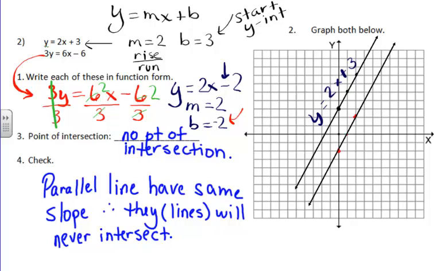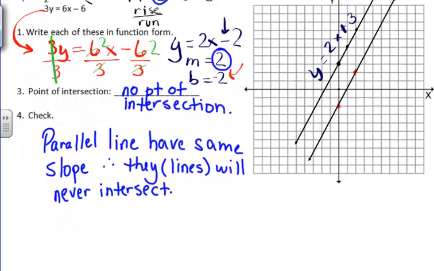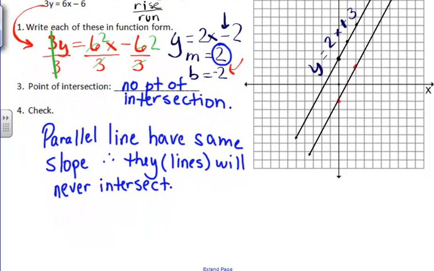Now we should have immediately noticed that my slopes being equal, I would not have a point of intersection. So in this situation, we have no point of intersection.